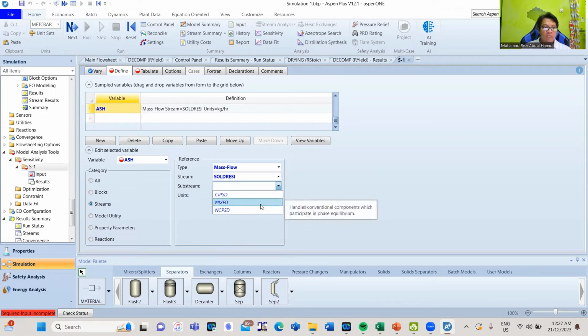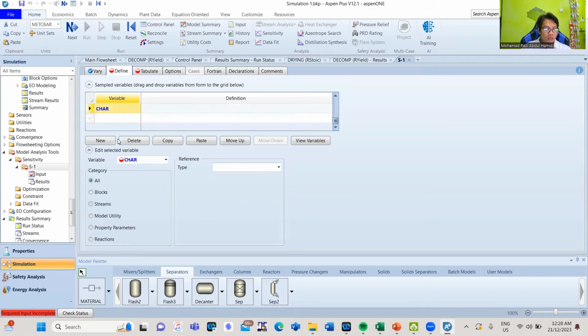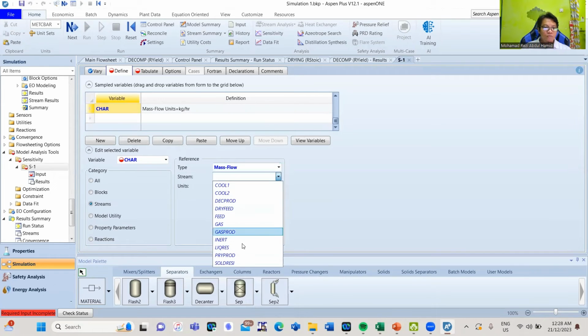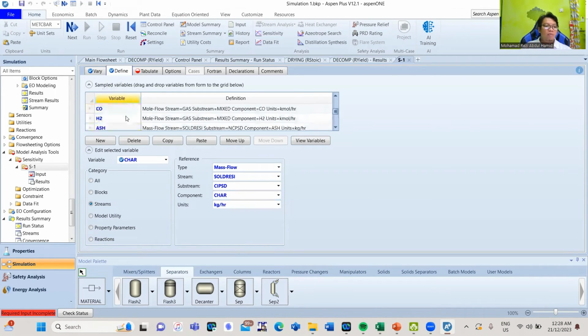Substream should be non-conventional, and then ash. Another one, I will add char. Char is a stream, write down mass flow. The stream should be solid residue. Substream is CISOLID, a conventional component but solid. So the component is my char.